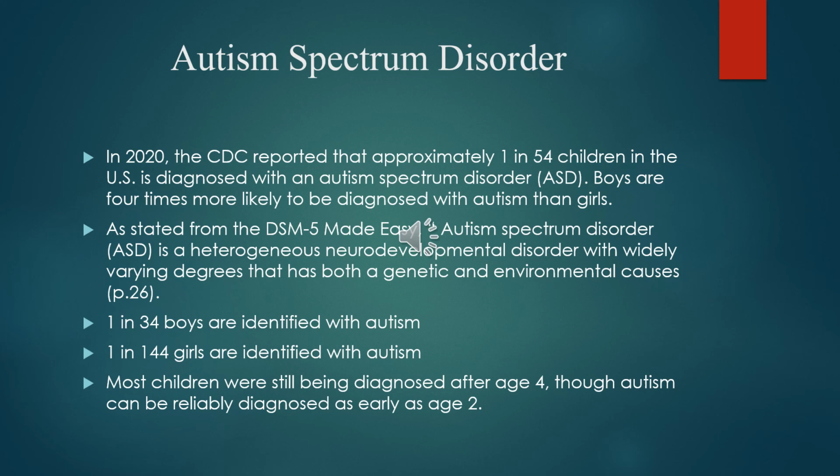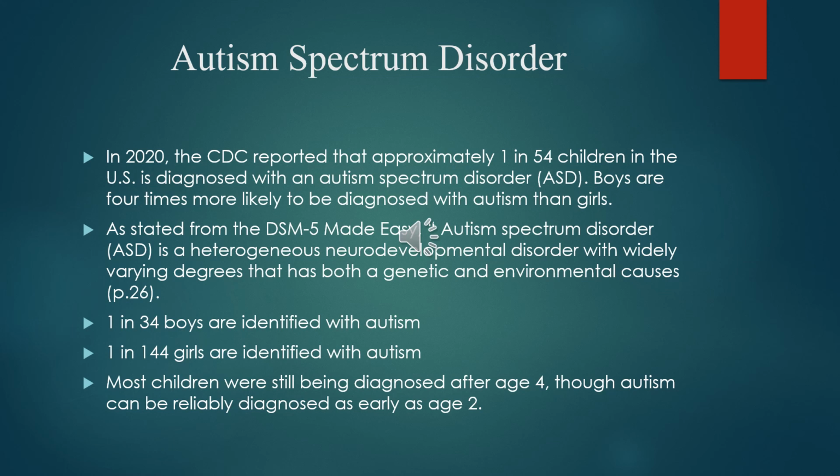As stated in the DSM-5 Made Easy, autism spectrum disorder, or ASD, is a heterogeneous neurodevelopmental disorder with widely varying degrees that has both genetic and environmental causes. This is found on page 26.